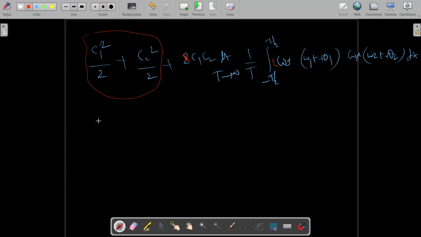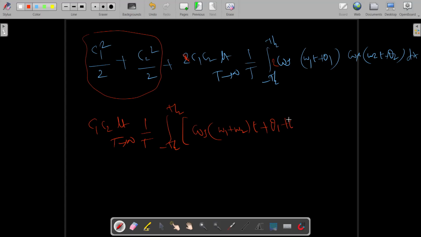So the third term is going to be c1 c2 limit t tends to infinity 1 by t, integral from minus t by 2 to plus t by 2. This is like 2 cos A cos B, which equals cos(A plus B) plus cos(A minus B). What is A plus B? If you use the identity, cos(A plus B) means cos of (omega 1 plus omega 2) into t plus theta 1 plus theta 2.